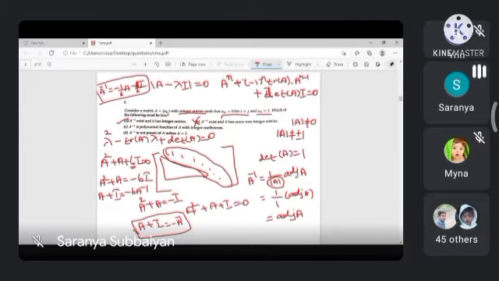Is there any doubt? If they have not given any n cross n, you can take a 2 by 2 matrix. That is easy. Now you can understand, right? That is how A inverse is a polynomial function of A with integer coefficients. Any doubt? No doubt. Okay.